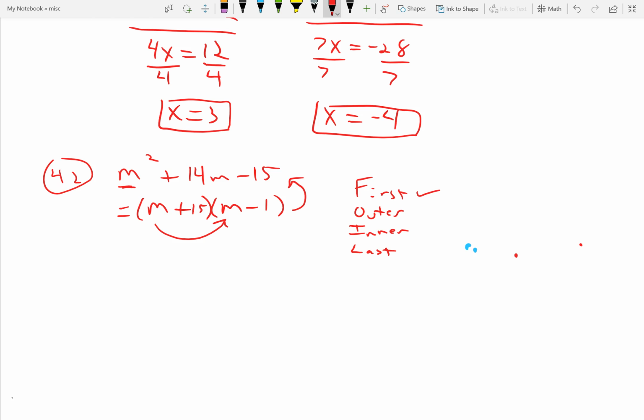That's the first term. The last two, 15 times minus 1, that's a minus 15. The outer and the inner, that's a 15m and a negative 15m. That sums for this 14m in the middle. These two multiply and sum to give that middle term.